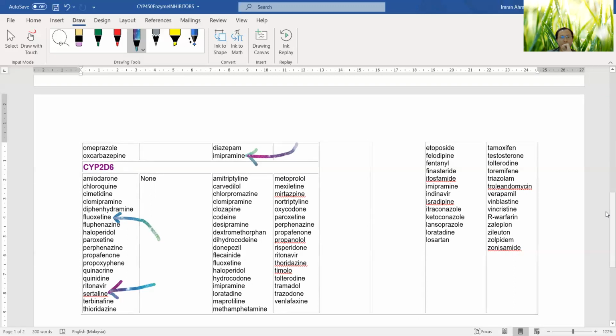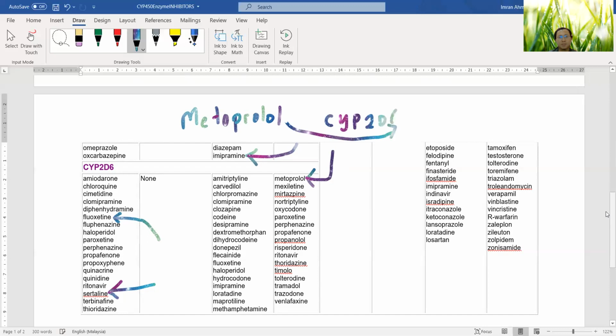If we look at someone who is on metoprolol, an antihypertensive among other uses, this drug is being acted upon by CYP2D6 to its metabolite.